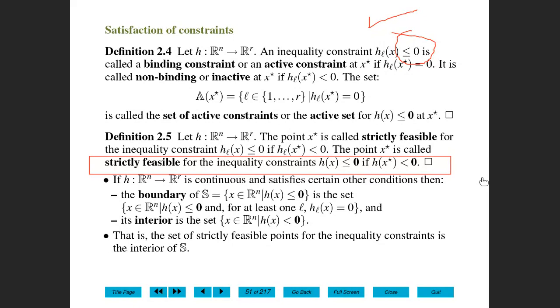Obviously, if more constraints are active, the point would still be on the boundary, but it would move towards an edge and later on to a vertex. So it all depends on how many constraints are active.